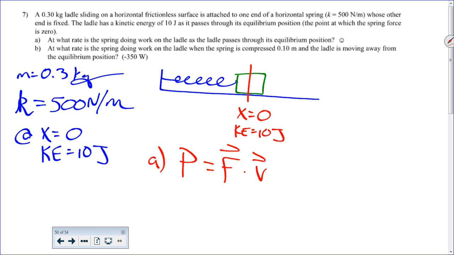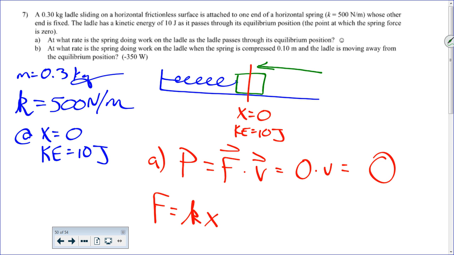Because what's your force there? Zero. Because the spring isn't stretched or squished at all. If you use Hooke's law, F is kx, and x is 0, so you're going to get 0 times your velocity. You're just going to get 0. If you want to think about it this way, as the box approaches the equilibrium position, the spring is pulling it, so it's speeding up.